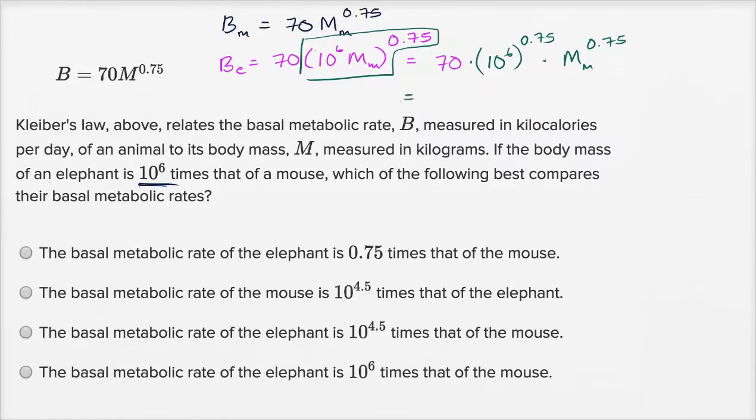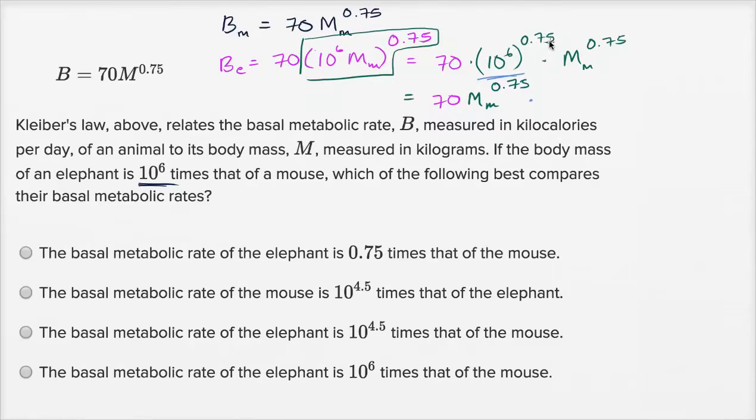This is going to be equal to, staying true to the colors, 70 times the mass of a mouse to the 0.75 power, and then you're going to have this thing times 10 to the 6th to the 0.75 power. If I raise something to an exponent and then raise that to an exponent, that's just like raising the 10 to the product of 6 times 0.75. So what's 6 times 0.75?